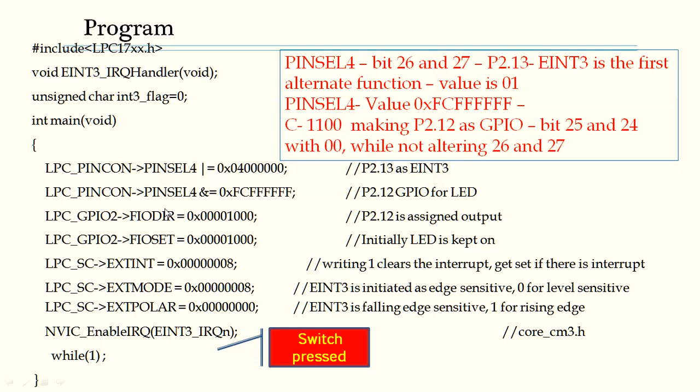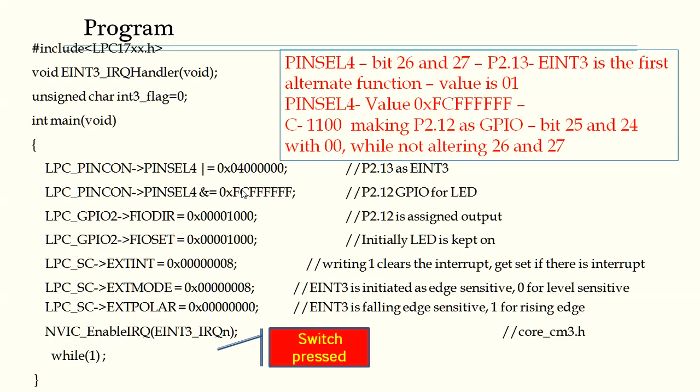The next statement is PINSEL4 ANDed with the previous value, but the value we have given here is FCFF. So any value ANDed with F will retain the same value. Again, we are not altering any of those bits.